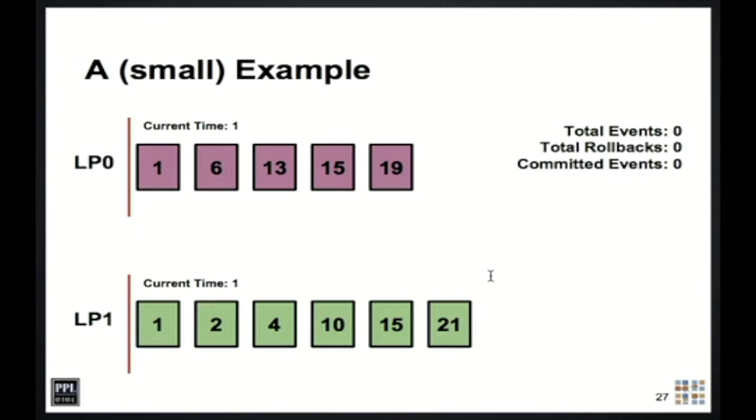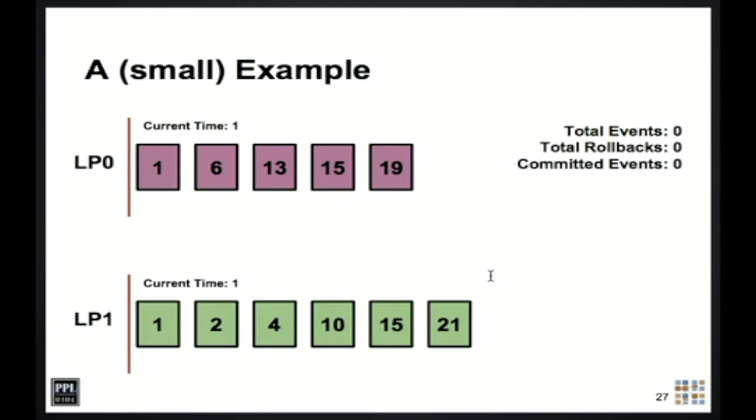The first proposed way of handling this is something called state saving, where every so often, you save the state of your LP, and then if you have to roll back, you go back to that previously saved state. However, a somewhat newer approach, which is what I'll be talking about here, is reverse execution of events.